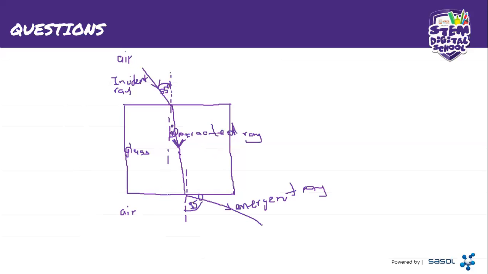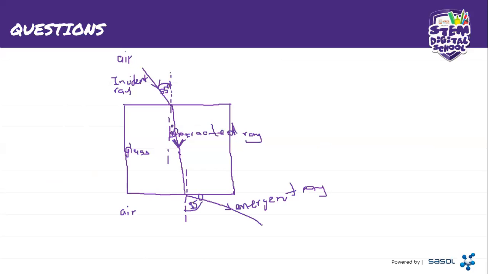So this is what you need to know in terms of the path of a light ray through a rectangular glass block. So incident ray, then the angle between the normal and the incident ray is 55 degrees, which is the angle of incidence.